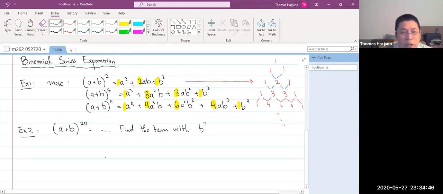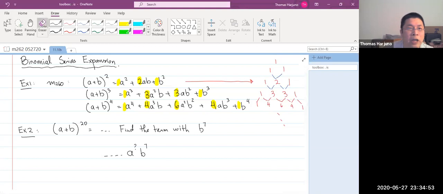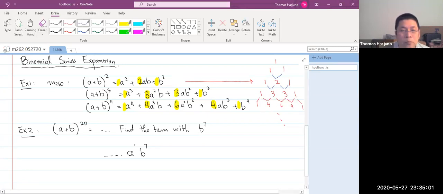Then it must be something a to what power, times b to the 7th. Can anybody tell me what is the exponent for a if b is to the power of 7? Nobody knows. The exponent has to total 20.